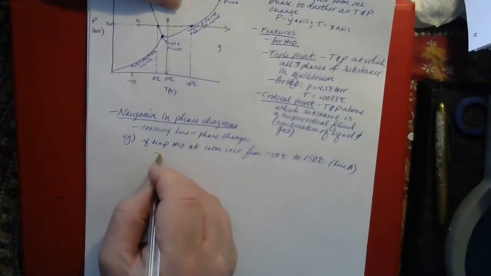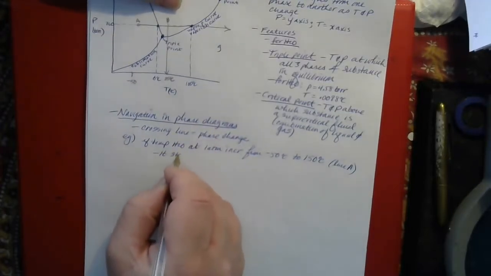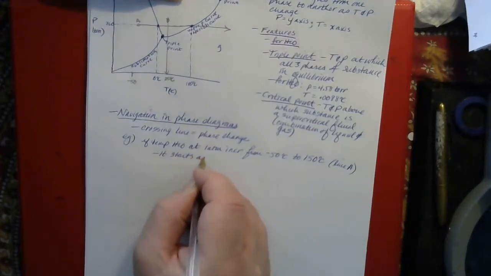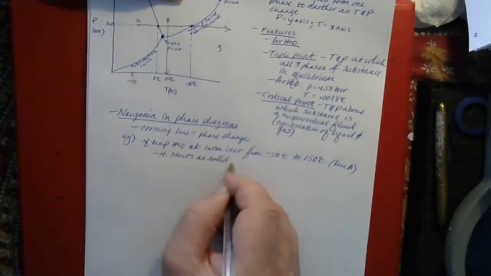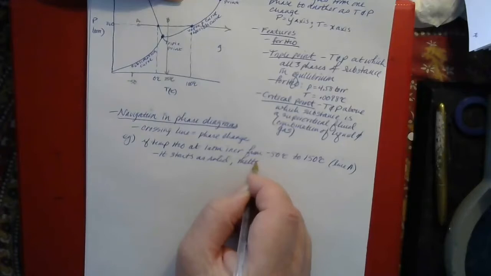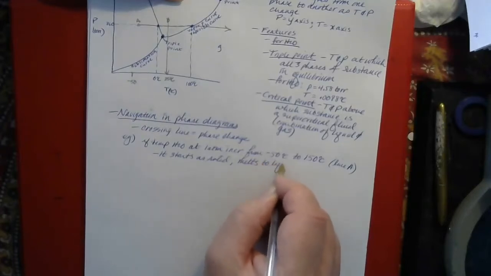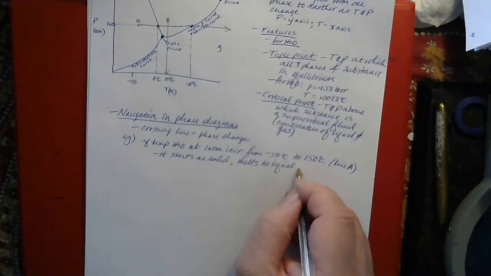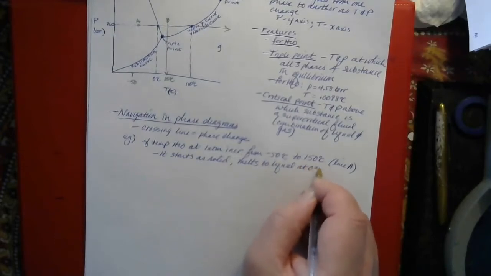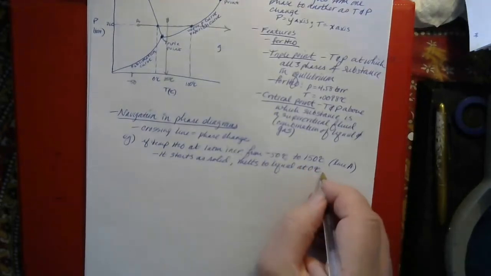Okay. So the water would start out as a solid. It melts to a liquid at 0 degrees Celsius because we're talking 1 atmosphere here.